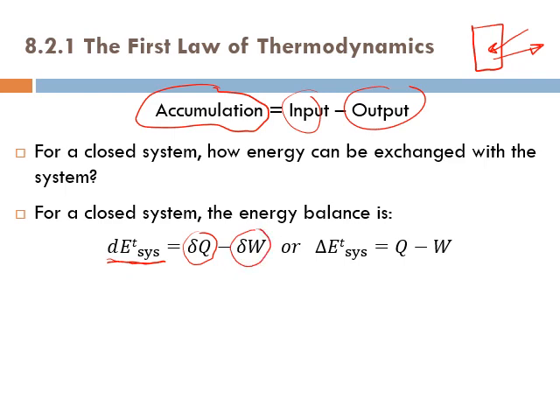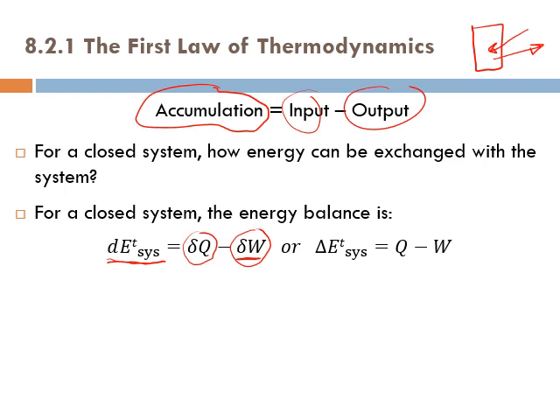So this is the only way. Of course, this is minus W, so you can read it as output minus input, because there is a negative behind it, so it will switch to input minus output.